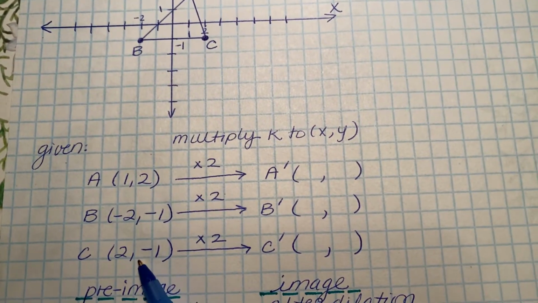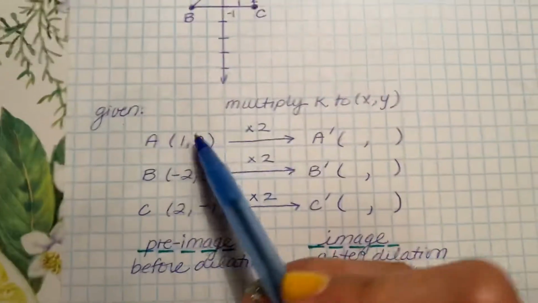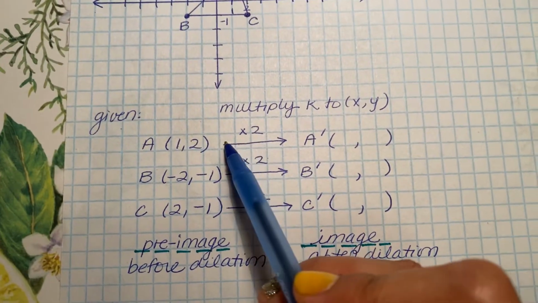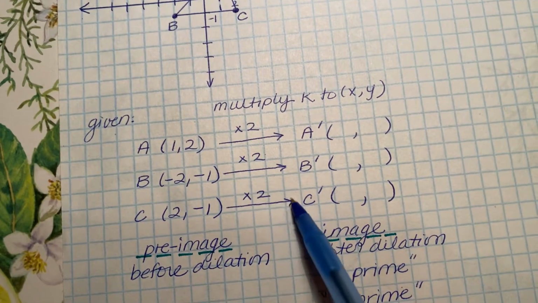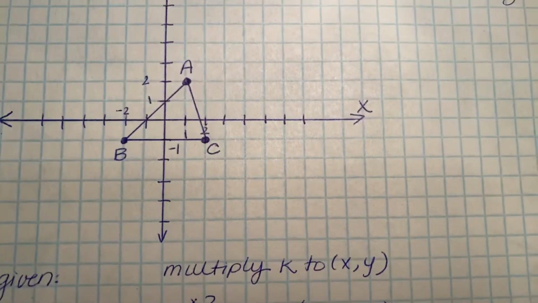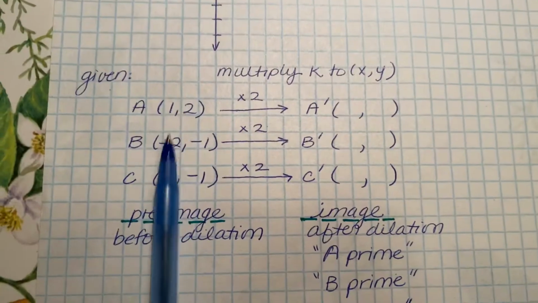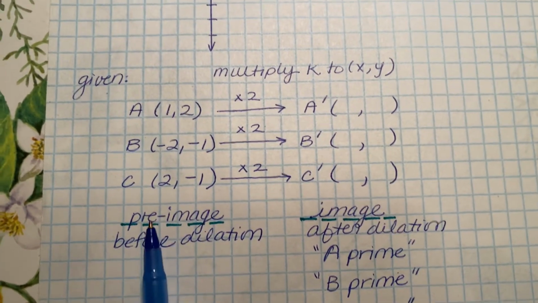I have them, right? And you multiply by 2, okay? So what is 1 times 2? And mind you, this arrow is that dilation transformation arrow, meaning this is the original triangle given. See, there's the original triangle. These are the coordinate points. That is called the pre-image, before.